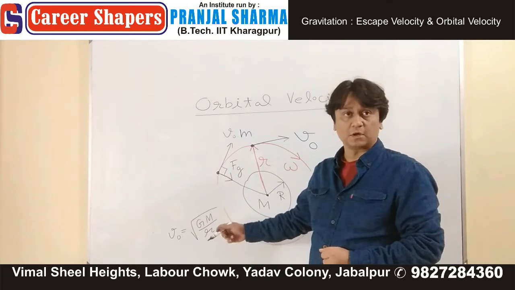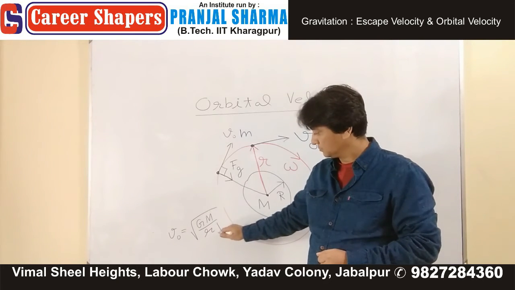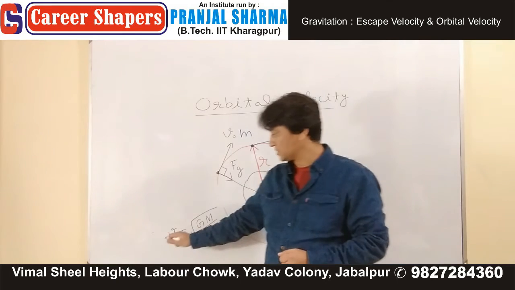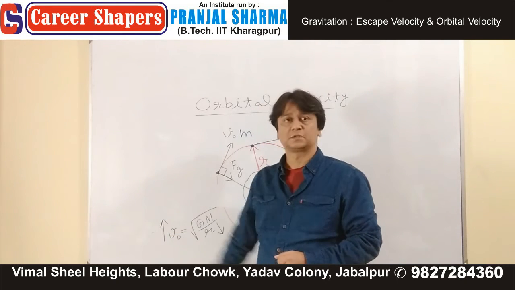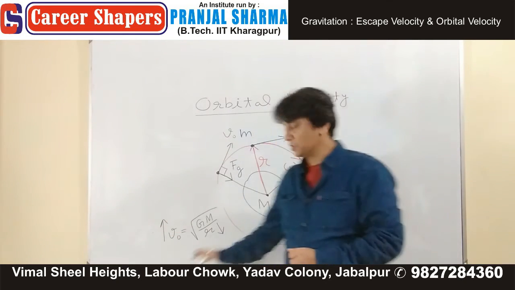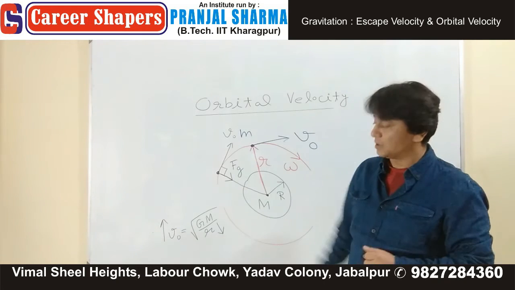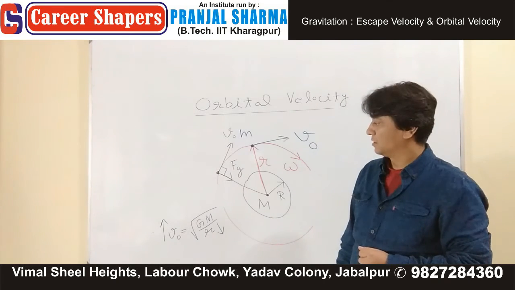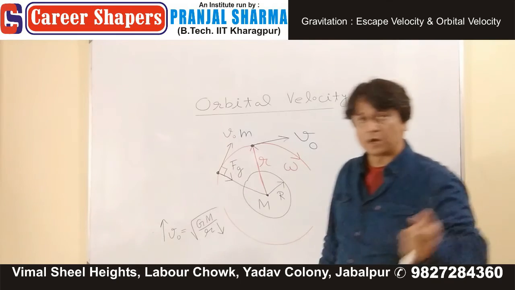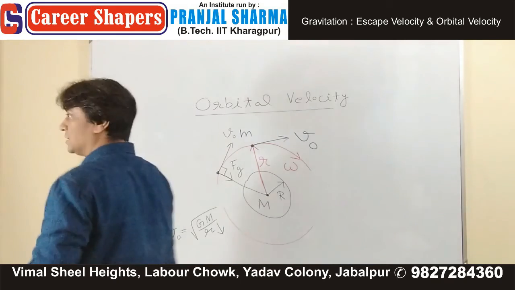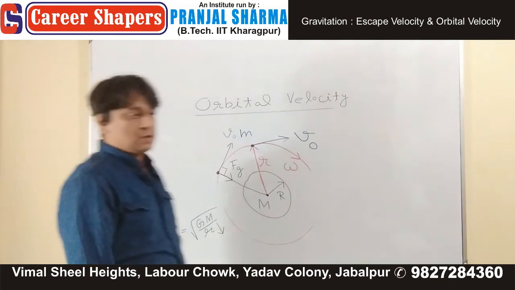Earth is closer and therefore is moving faster. You can answer these questions on the basis of this thing. Which one is going to take longer time, Earth or Saturn? Answer the second part.